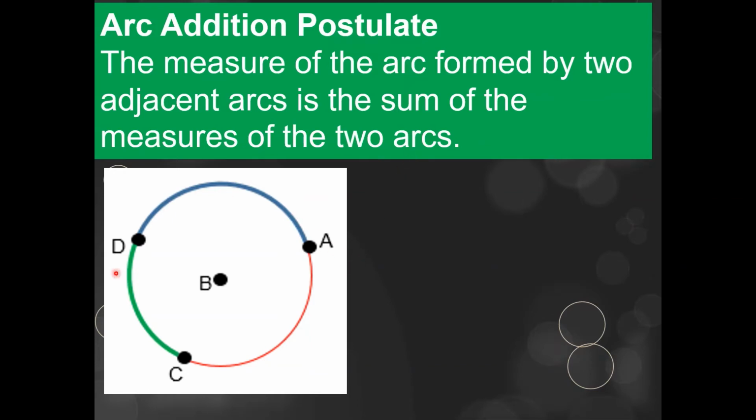Dito sa circle B, meron tayong dalawang adjacent arcs, yung arc CD at saka arc DA. And mafo-form yung major arc na ADC.